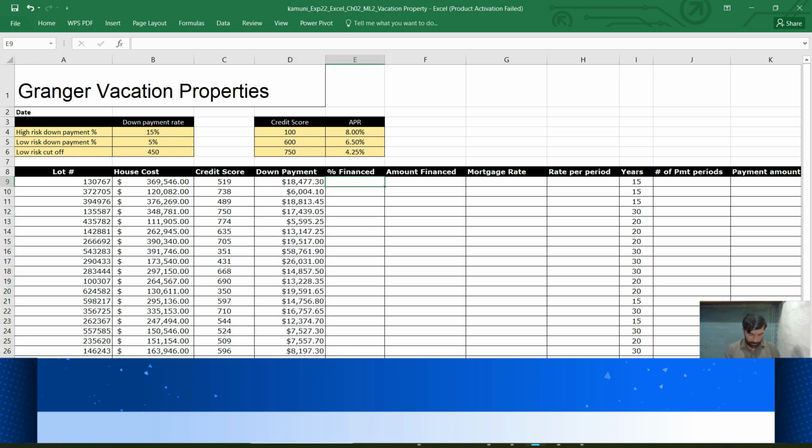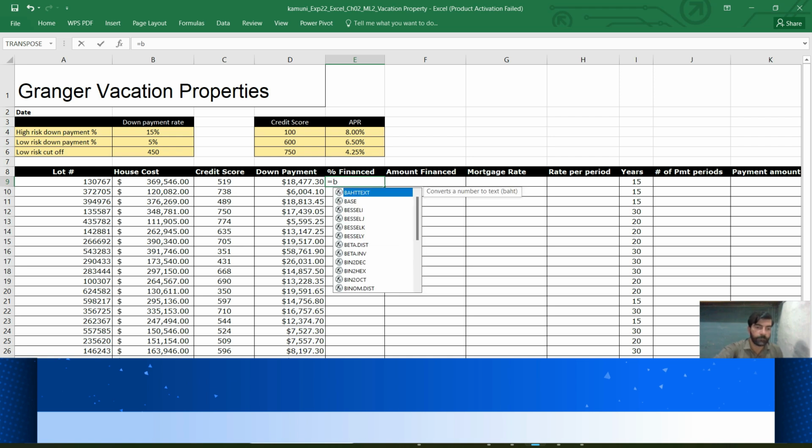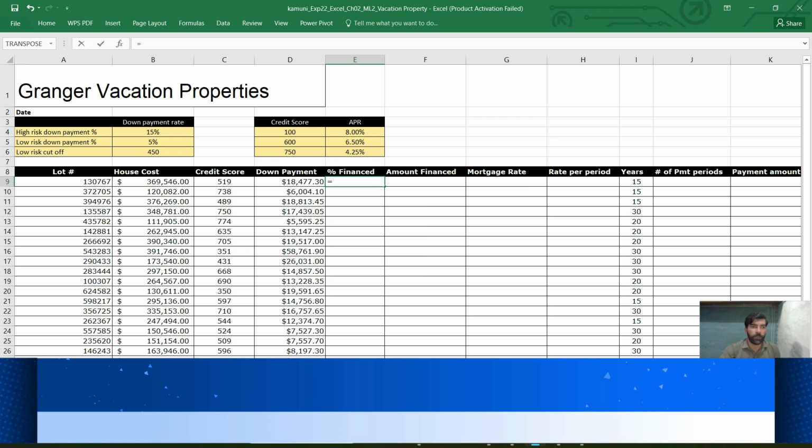Put here equal, and amount financed means house cost, meaning purchase price minus down payment, so equal B9 minus D9, divided by B9.